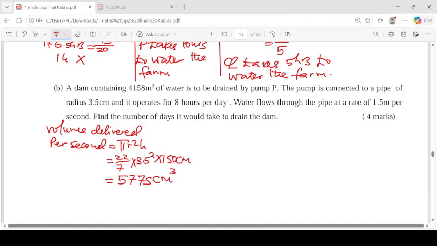But now, if this is the volume delivered per second, it operates for 8 hours a day. So this is just in 1 second.